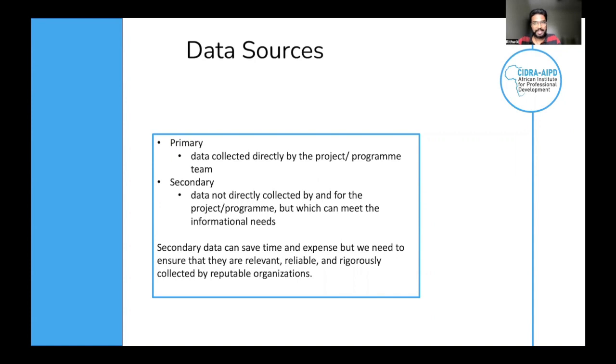While if you're relying on secondary data sources, like let's say you want to learn about a particular country's economy, and you get reports and data from the World Bank or the IMF, those would be secondary sources. Secondary sources are very nice because you have outsourced your effort to someone else. But just be careful that they are relevant to your problem, and that they're reliable sources.